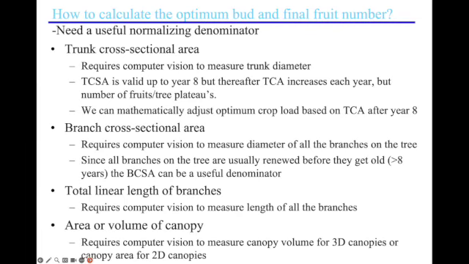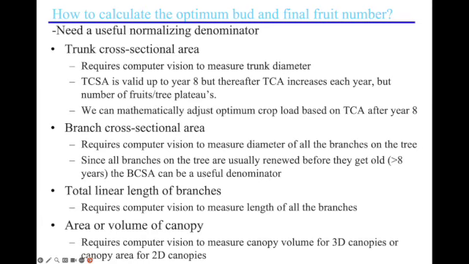Now, the second method is to, with computer vision, measure the diameter of all the branches on the tree, add them up, and get a total branch cross-sectional area. Now, this is very attractive because usually all the branches on the typical tall spindle tree, which is mostly what I deal with, are not on the tree for long periods of time.